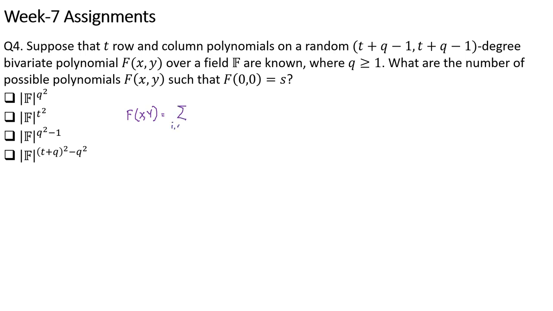So we can write that i, j vary from 0 till t plus q minus 1. This is the polynomial. So it's given that t row and column polynomials are available.